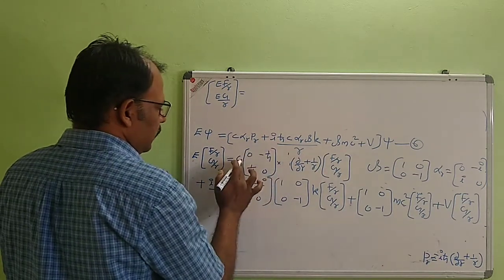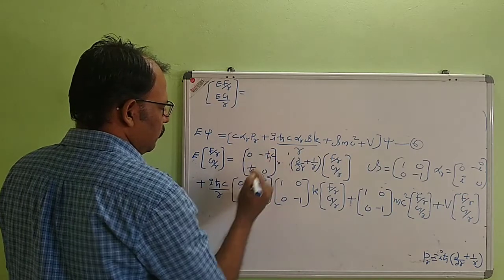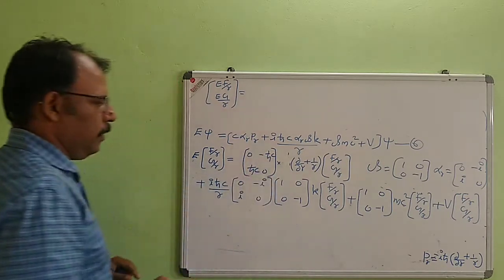Taking C inside, this is minus h bar C and this one is plus h bar C.